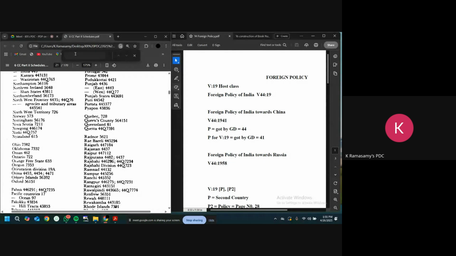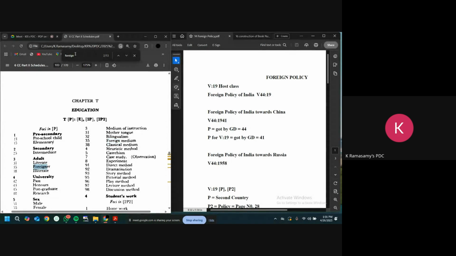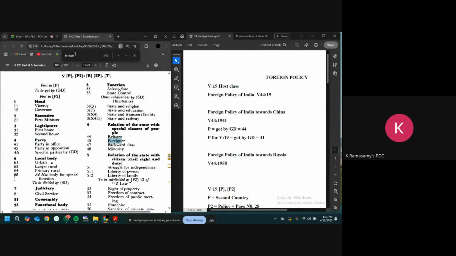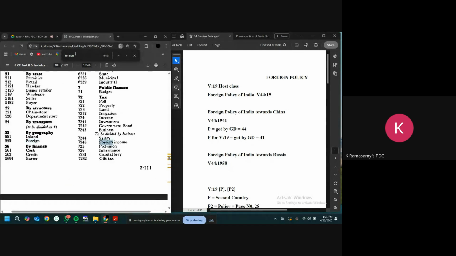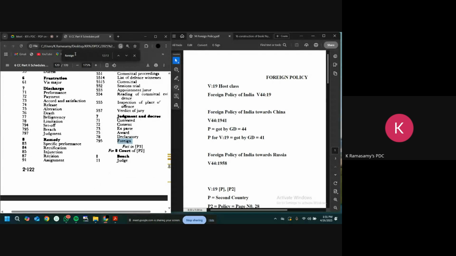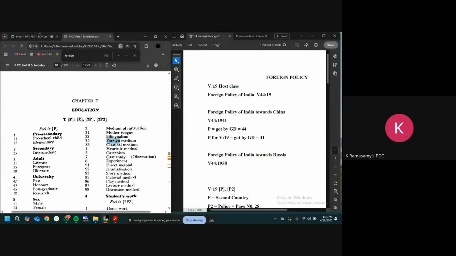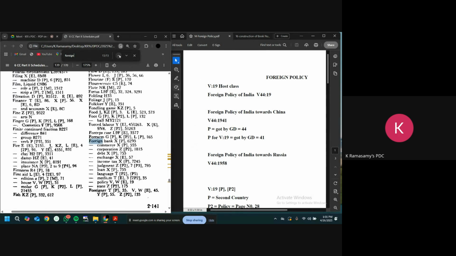I just want to find out what is the number for foreign policy, for example. See how Ranganathan was thinking in those days, to foresee and create numbers. He is a genius. Let us be thankful to this gentleman. What is the number for foreign policy?